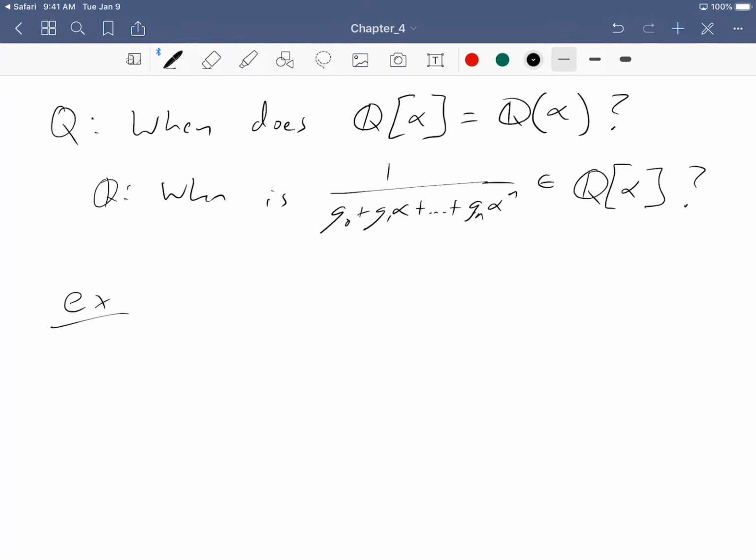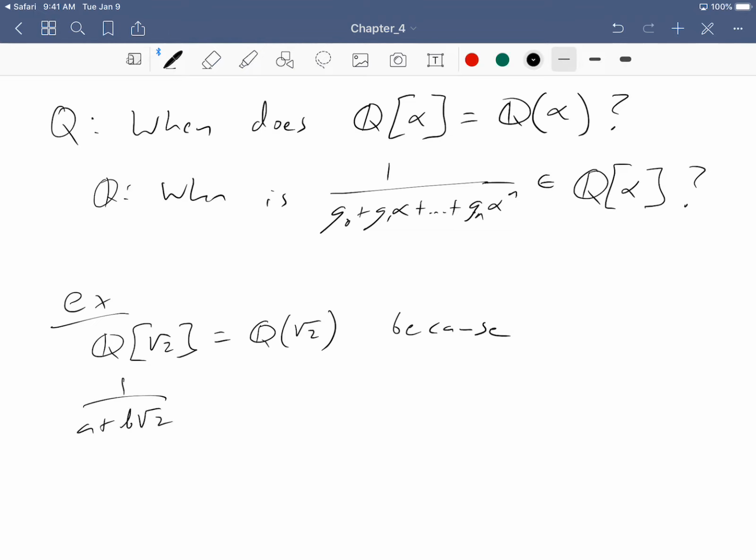So for example, Q adjoin root 2, the subring, is equal to Q adjoin root 2, the subfield. And we know that because 1 over a plus b root 2, we can rewrite that as a minus b root 2 over a plus b root 2 times a minus b root 2.